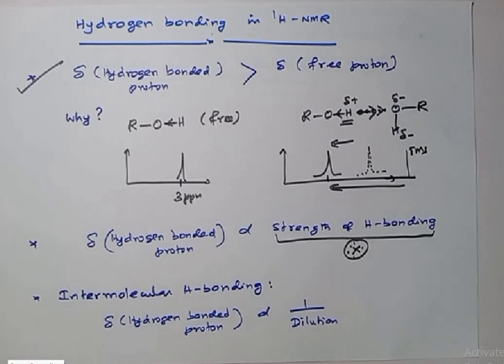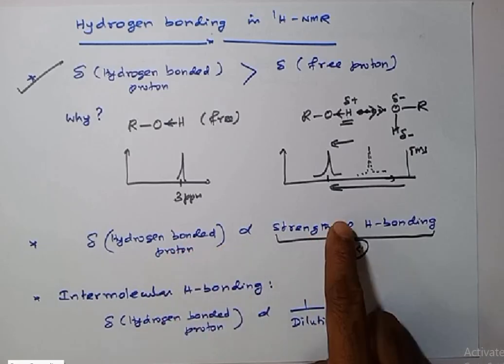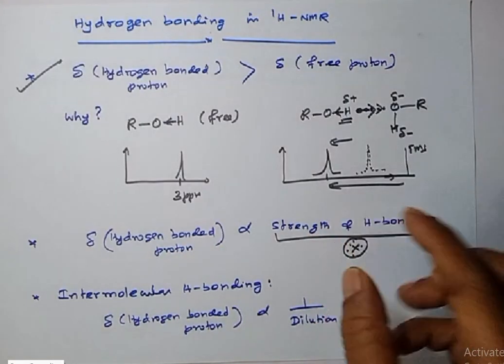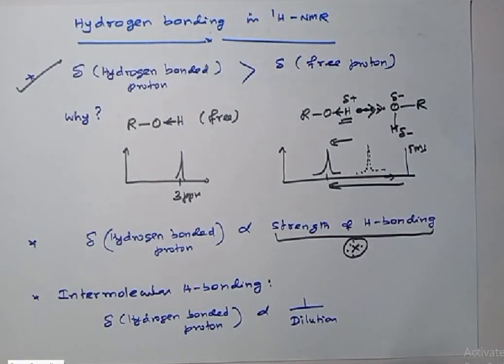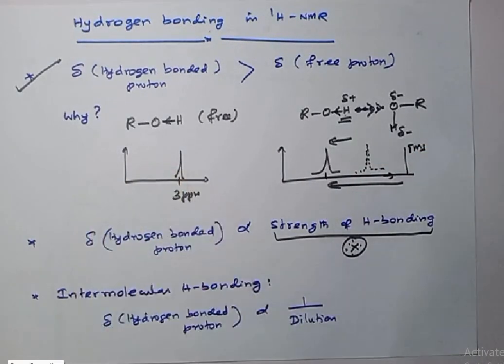Okay, you know very well, depending upon which atoms are involved in the hydrogen bonding, the strength of hydrogen bonding varies. Right? So, the chemical shift of hydrogen bonded proton depends on the strength of hydrogen bonding. If hydrogen bonding strength increases, chemical shift value also increases. Okay, keep that in mind.